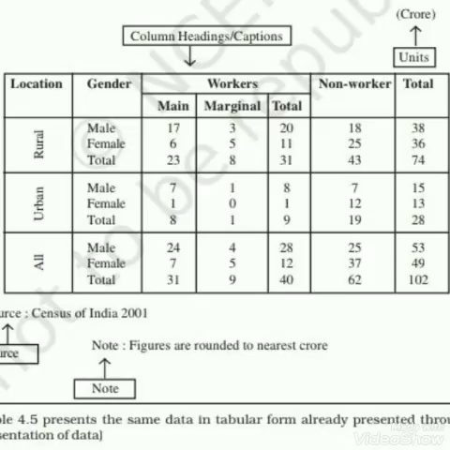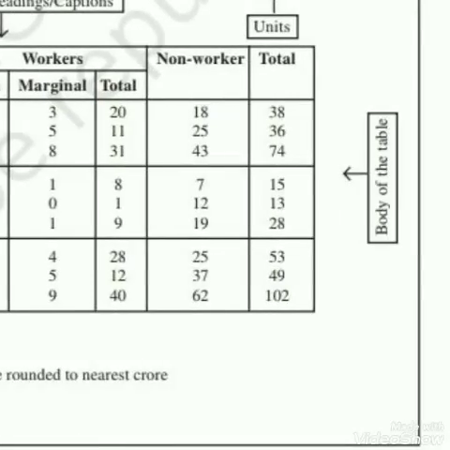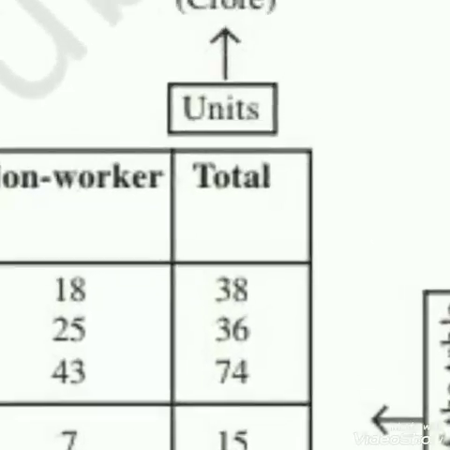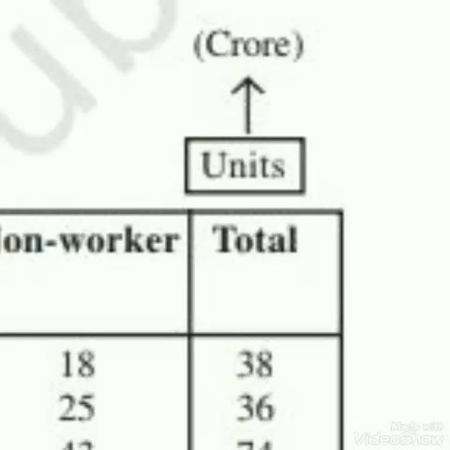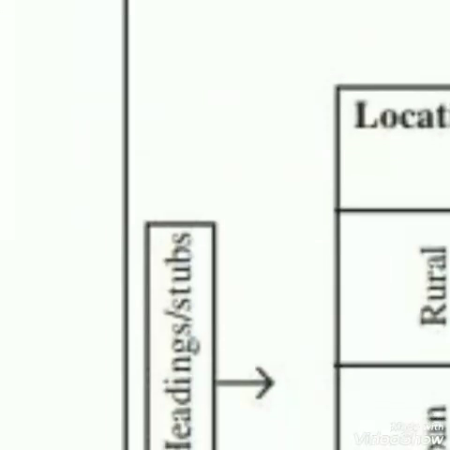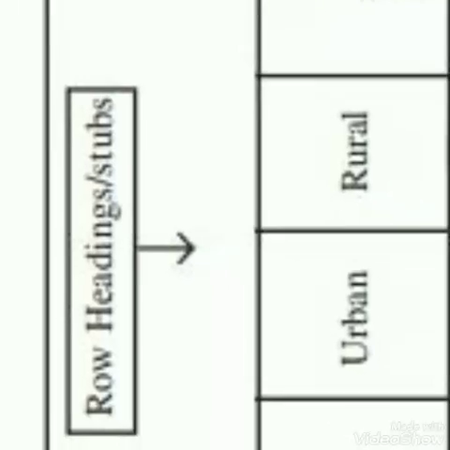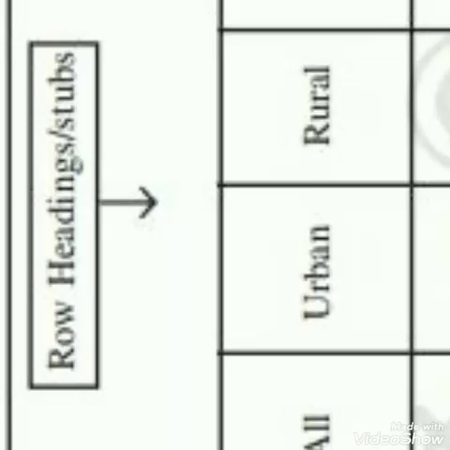The unit means the scale in which the numbers are presented, and it must be mentioned; here the table is in crore. Next is the row heading. On the location side there are three row headings: rural, urban and all.